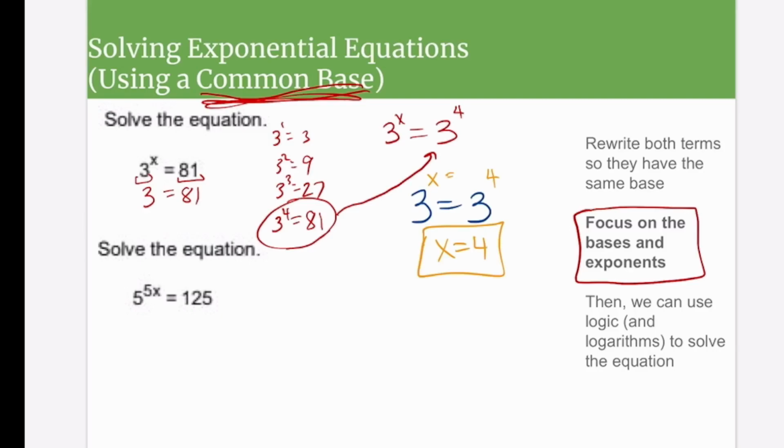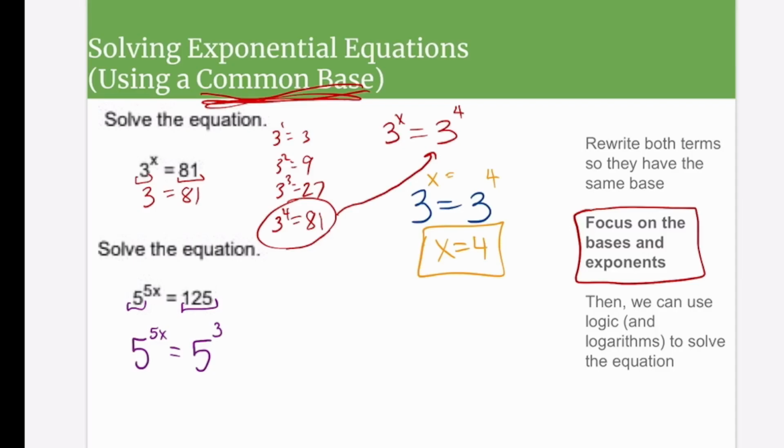So let's do the second one. We have 5 to the 5x equals 125. So again, we're looking for a common base. 5 to the 5x, we're going to leave. Now, I can write 125 as a power of 5. That's going to be 5 to the third power. Now we have common bases.